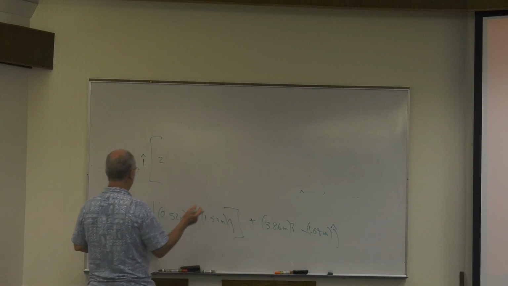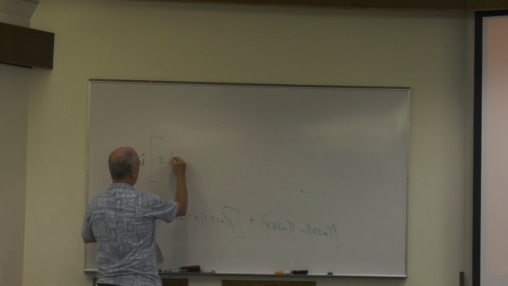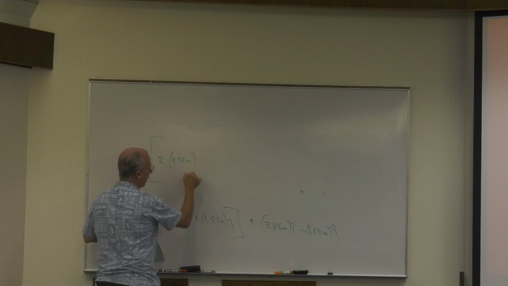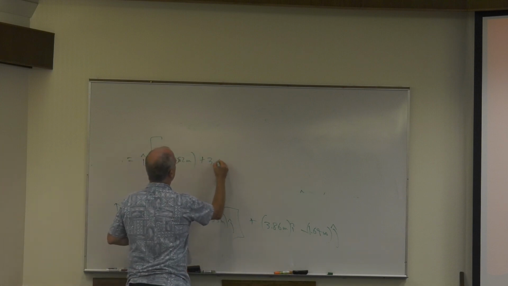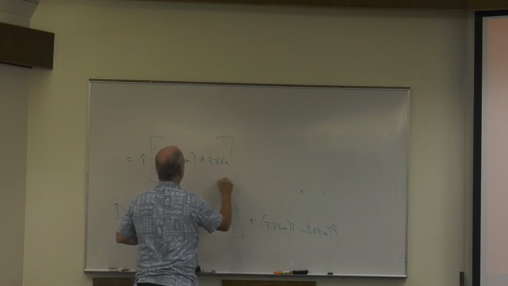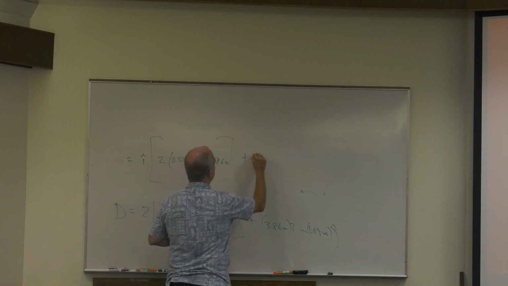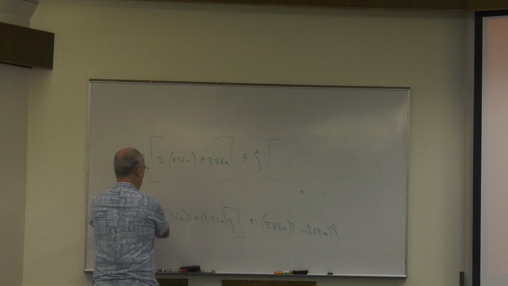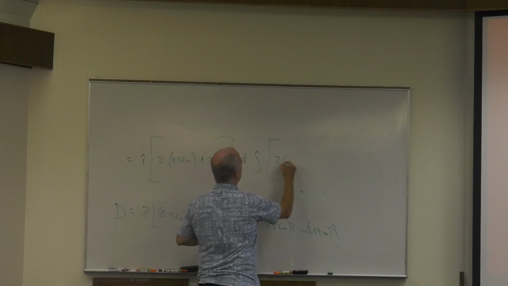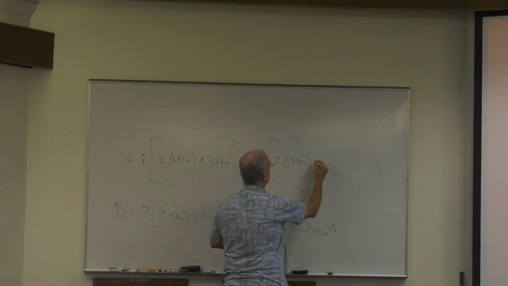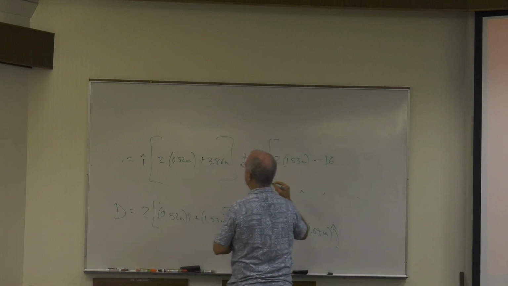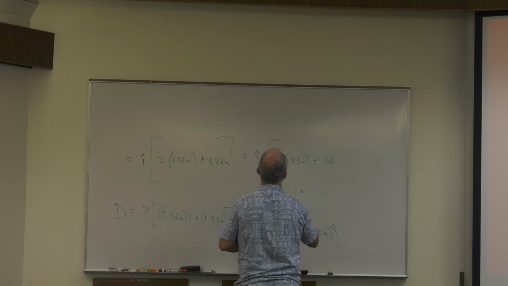So 2 times 0.52 meters, plus 3.86. Then we have plus j, and we have 2 times that, and then minus that. Oh, I forgot my meters.